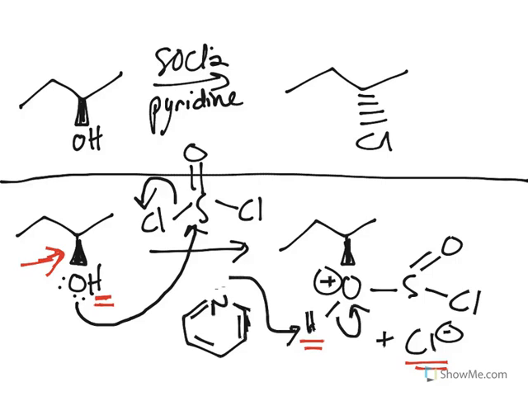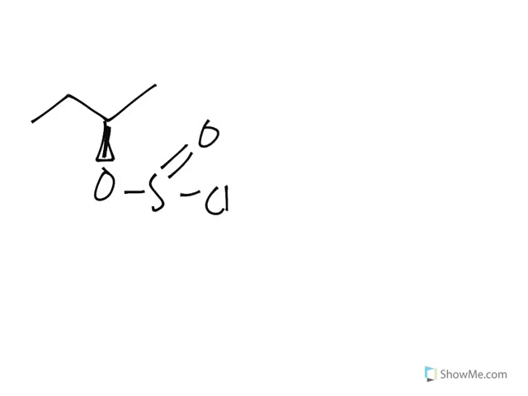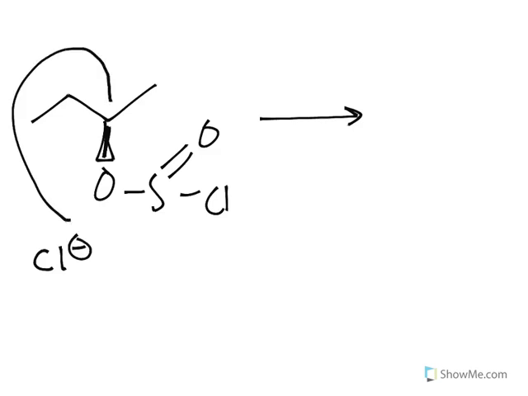And the result from that, I'm going to put on the next slide. So the result of that is going to be this right there. Okay, awesome. So now we have our intermediate here, and what's going to happen next is the chloride that we made in solution earlier is now going to come in and do backside attack on that carbon right there.